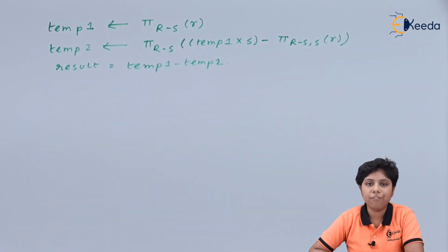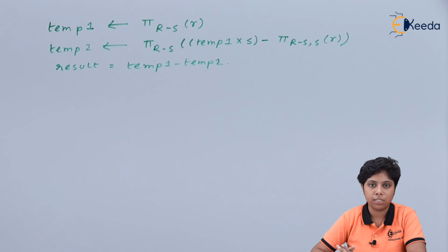See, in the last division operation we have done, we are using an assignment operator to first temporarily hold the initial individual values of the projection operation. Then using that assignment operation, we can have the actual result.